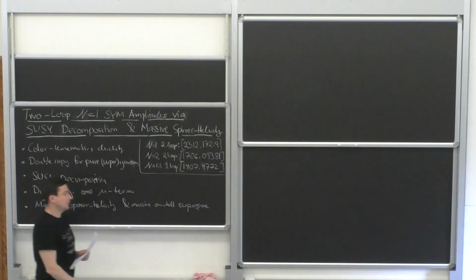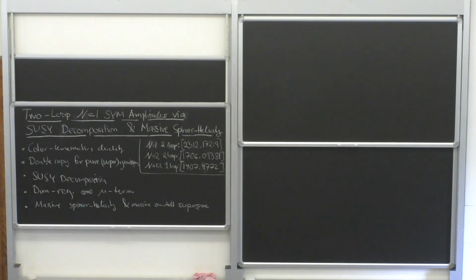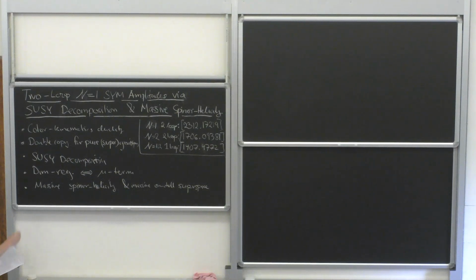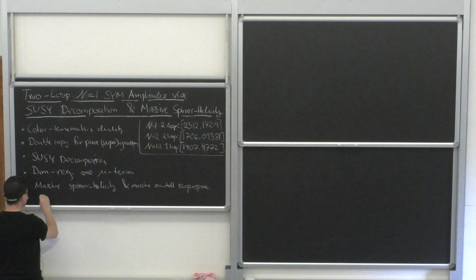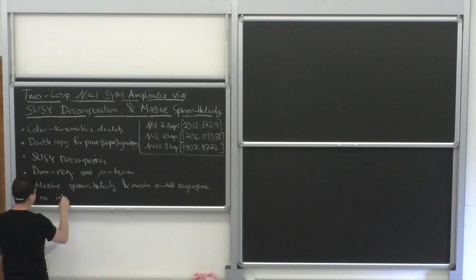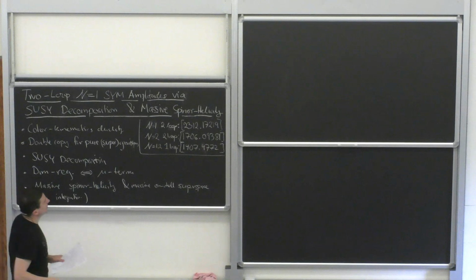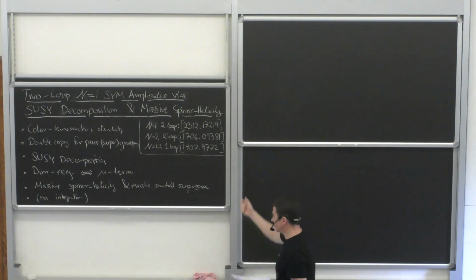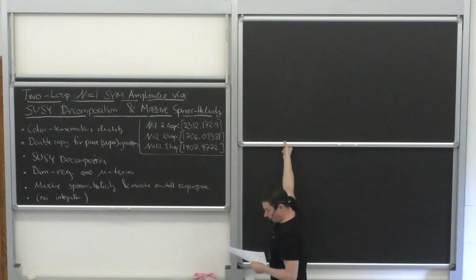And I'm going to assume that there is some prior knowledge of the massless case, so I'm not going to review that. Also, I should say that in this talk, I'm not going to talk about doing integrals, so no integration. I could have added a reference where we do the two-loop N=2 integration, but I guess I will not talk about it here.